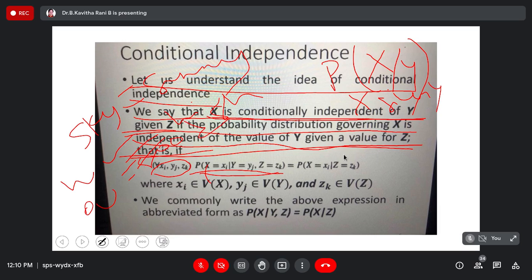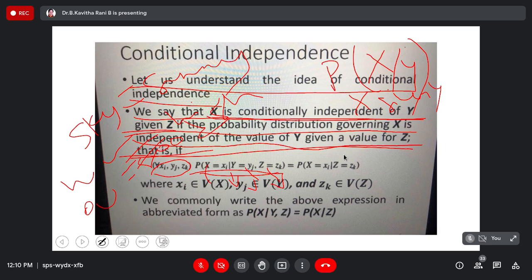So X having value xi is conditionally independent of Y having value yj, given Z equal to zk.